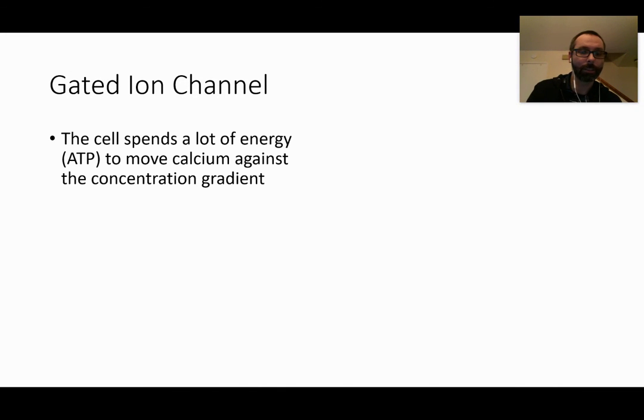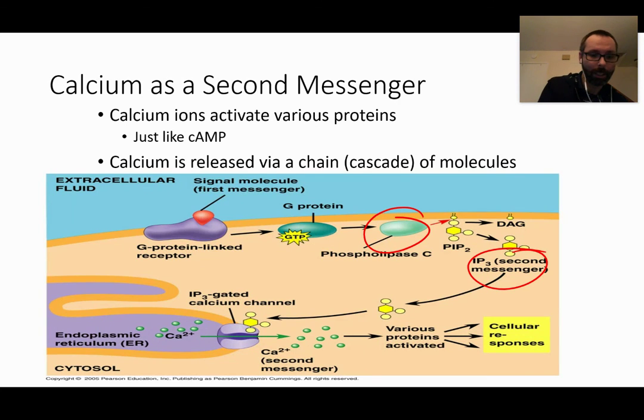So again, the last one we didn't really talk about is the gated ion channel. So just real quickly, the cell spends a lot of energy to keep the calcium inside the endoplasmic reticulum or inside of lysosomes or other vesicles. But you don't really want calcium just floating around because calcium is a second messenger, right? So most of the time in the cytoplasm, you would expect there to not be a bunch of calcium floating around.